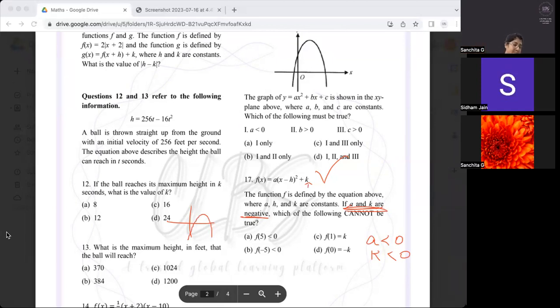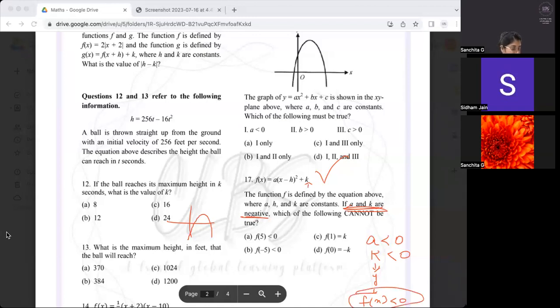So if K is negative, K is Y, right? Y is nothing but f(x). So can I say f(x) is negative for all values of x? Right. So I will just plug in.